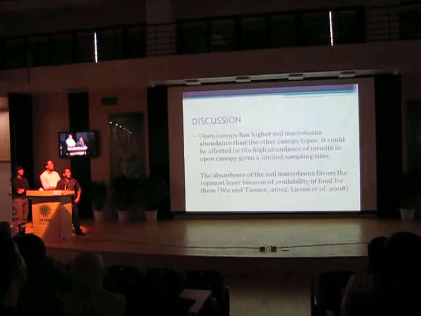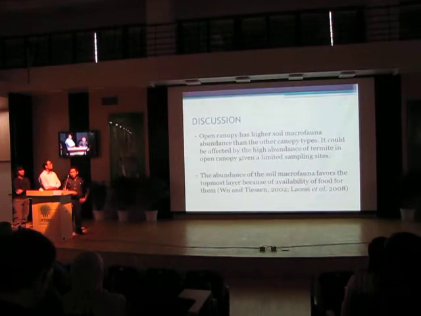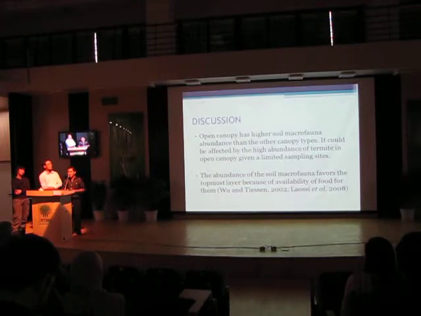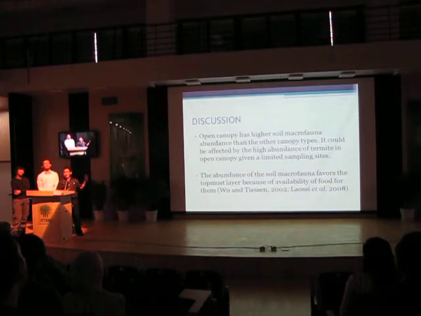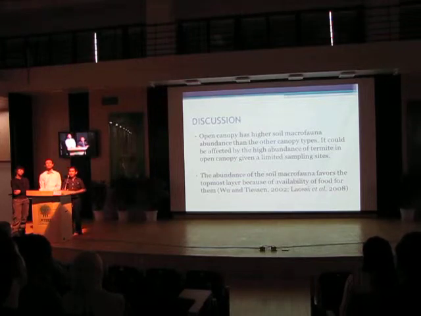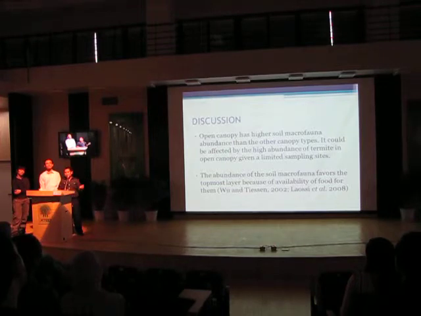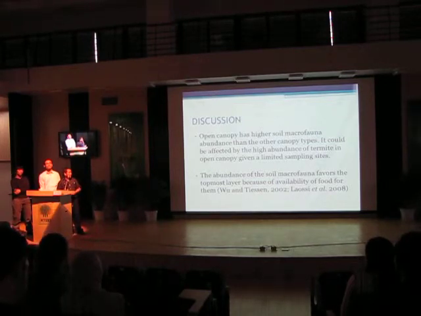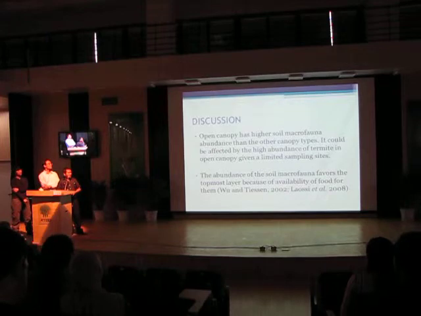And then the discussion: open canopy land has higher macrofauna abundance than other canopy types. This is contrary to what we predicted, because mostly, not all, since we used the canopy as a factor. We predicted before that the closed canopy forest should have a higher species abundance, but our results show that open canopy has a higher abundance.